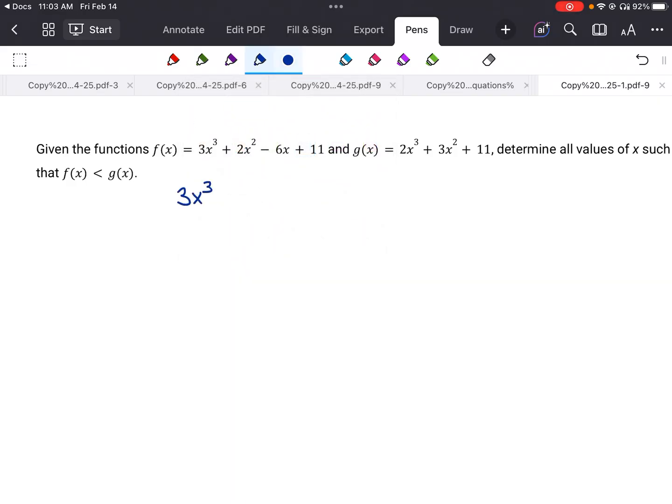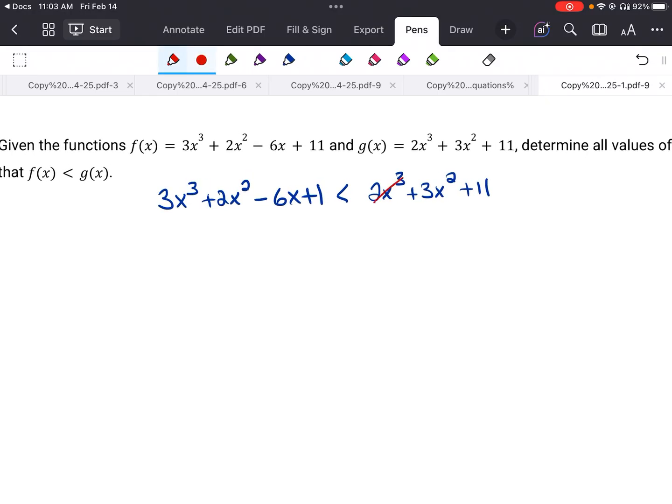Okay, so first step is we need to make the equations equal to each other, or we put a less than sign. We want the first one to be less than the second one. And we're going to move everything from the right to the left.